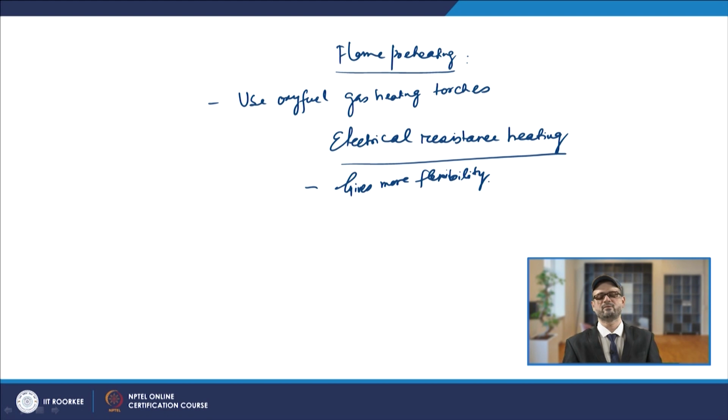In the case of flame heating, we normally work with manual operators, and there are certain bottlenecks in adjusting the areas and controlling, whereas in this case you will have more accuracy and more flexibility in getting the temperature and maintaining uniformity.